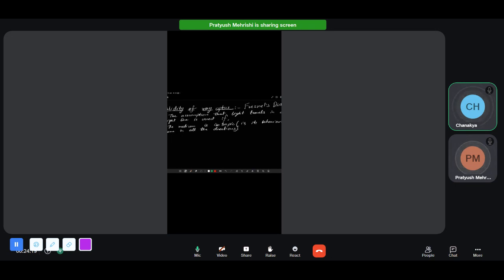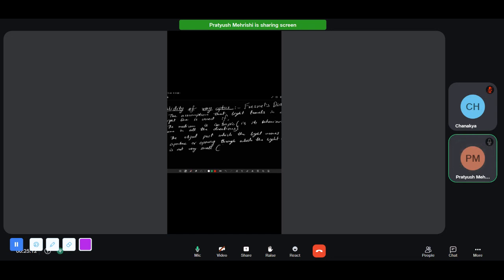Okay. And the next point is what? The object past which the light moves, or any aperture or opening through which the light moves, is not very small.